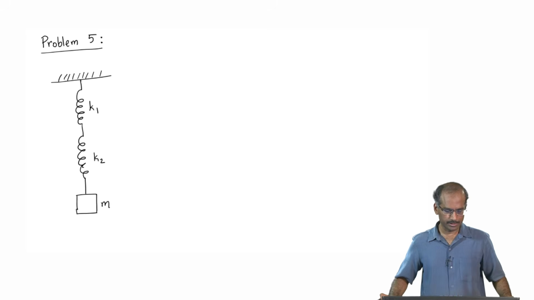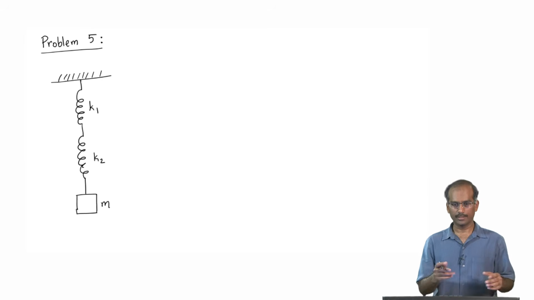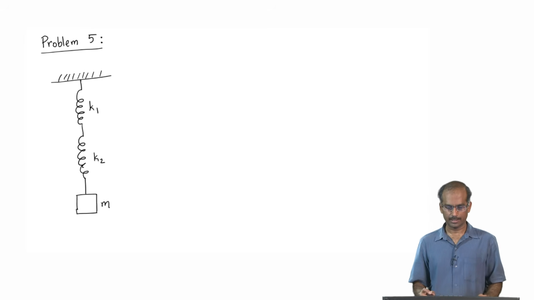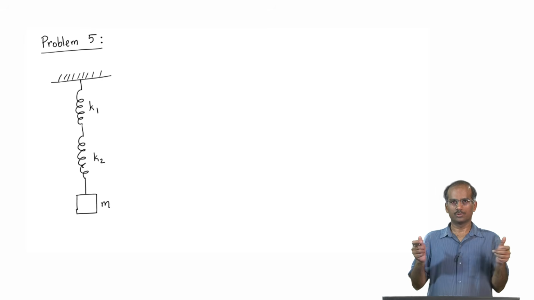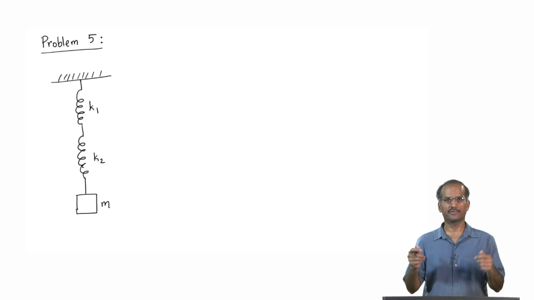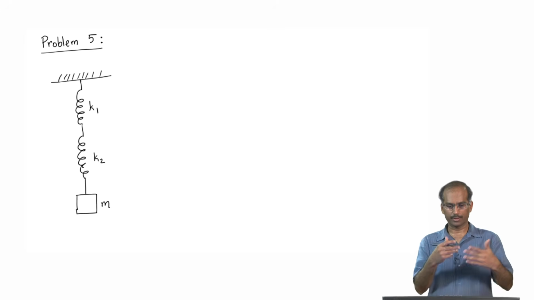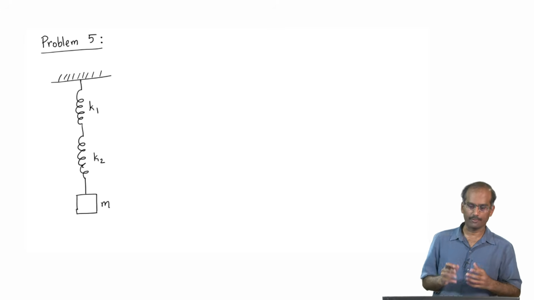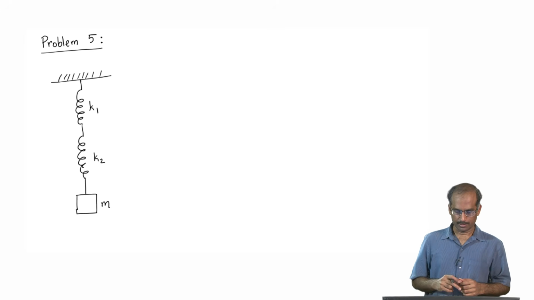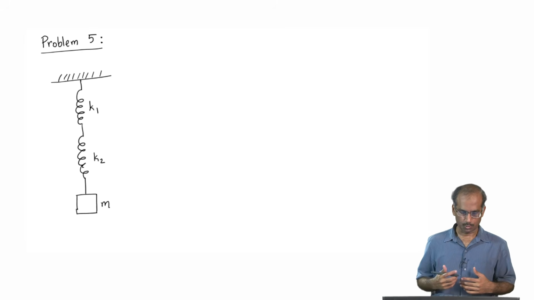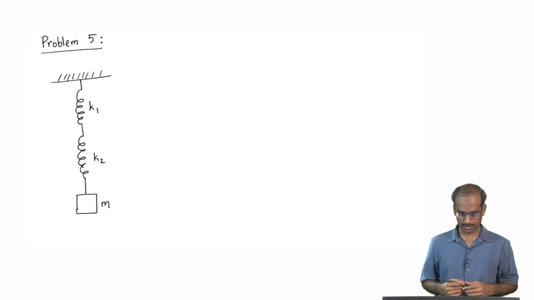The next problem is a variant of the earlier problem we had seen. So, earlier the two springs were sort of connected in parallel, but now they are connected in series, one below the other, and again you have mass m which is being supported by these two springs from a rigid support.